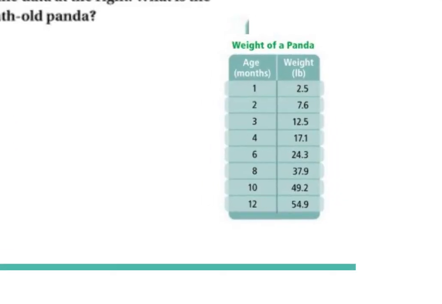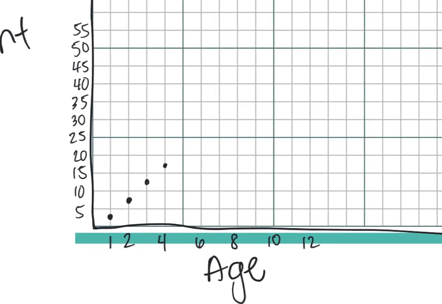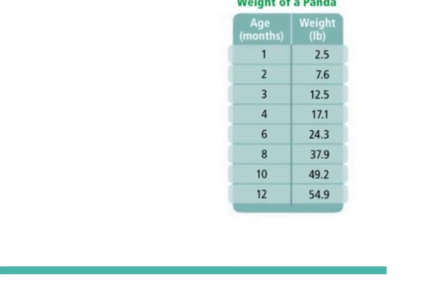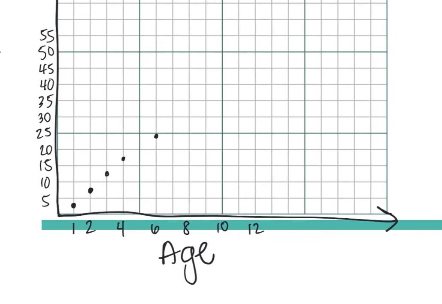And then at 6, they are 24.3, so just below 25. At 8, they are 37.9.